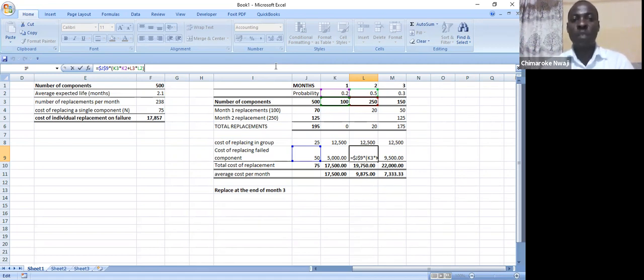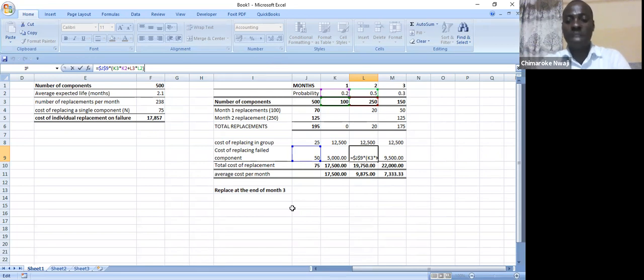You multiply that 20% with the 100, and you add the month 2 figure of 250 times 50%. You add them up together and you multiply by 50.